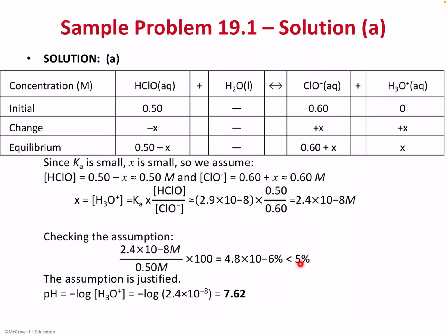So our assumption is justified, right? Once we justify the assumption, you can find the pH. pH is negative log of hydronium ion, which is this amount. So 7.68. This is how you would find the pH of a buffer solution if the initial concentrations of buffer components are given.